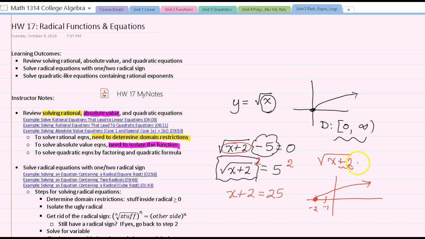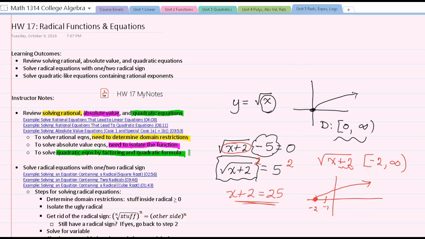That's the reason why we need to remind ourselves of our domain restrictions, or the domain for our radical functions, because we're going to have to check that, just like we did with the rational functions. Lastly, we need to make sure we know how to do quadratic equations, because just like with rational equations, when we're solving we might end up with a quadratic equation or a linear equation that we have to solve.